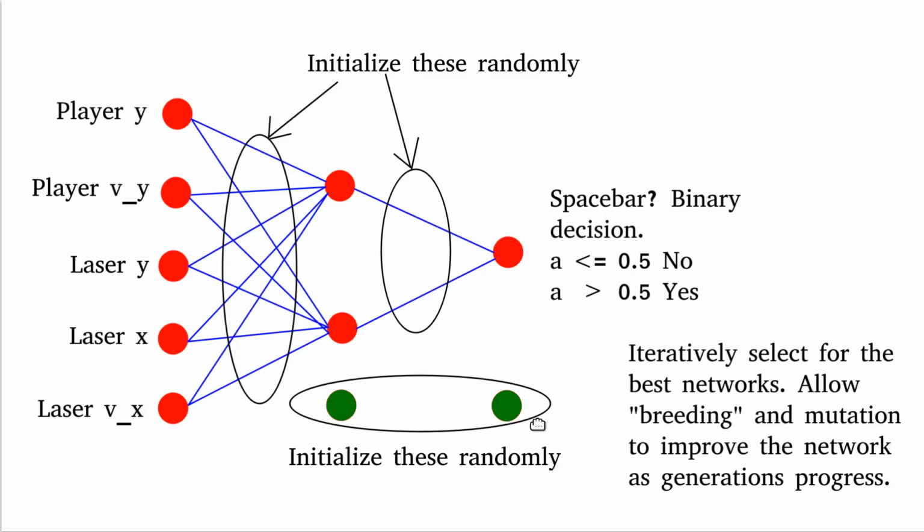Maybe I'd have hundreds of variations. Then I would let the games play out and see how long each of these iterations survived. Like I said, the output neuron is between 0 and 1, and less than half could be no, and greater than half could be yes. Then I would iteratively select for the best networks, basically the ones that survived the longest in the game, and allow for breeding and mutation to improve the network as generations progress.